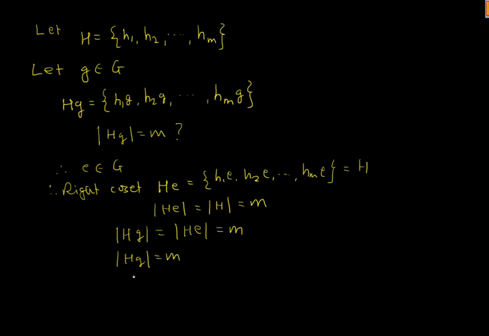Alright, now what is the order of G? The order of G is equal to n. So can you predict that using n elements of G, how many distinct cosets of H in G can be constructed?